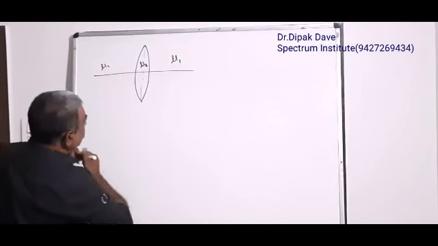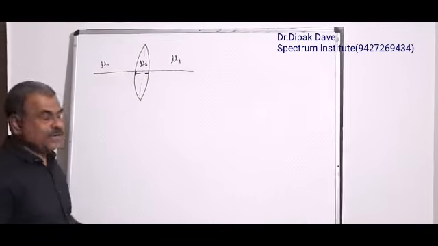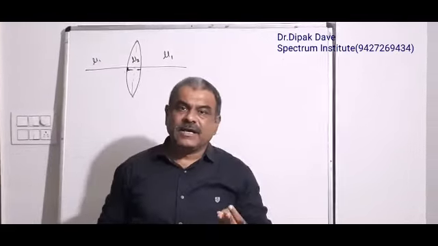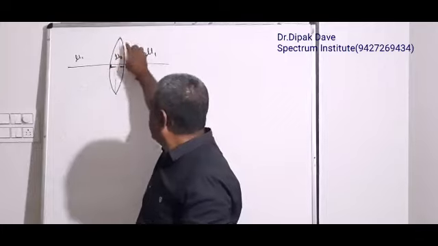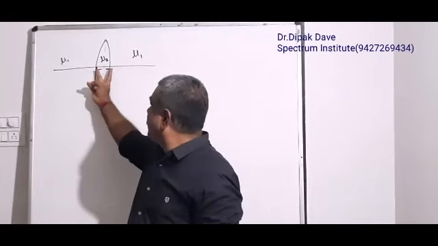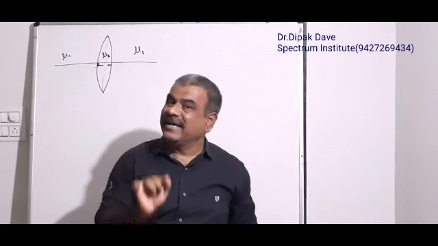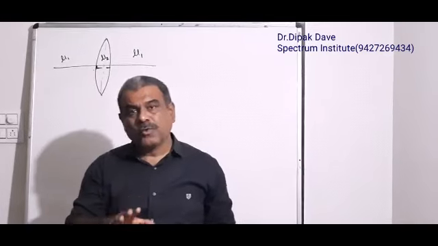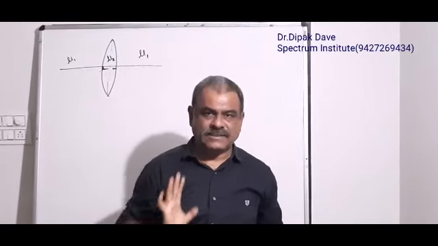Now if the distance between these two curved surfaces is much smaller compared to parameters like object distance, focal length of the lens, or radius of curvature of the lens, then it is called a thin lens. If the distance between two curved surfaces is small or negligible compared to other parameters, then it is called a thin lens. Now the lens maker's formula or Gauss formula for lens, which we are going to discuss, is applicable to a thin lens.